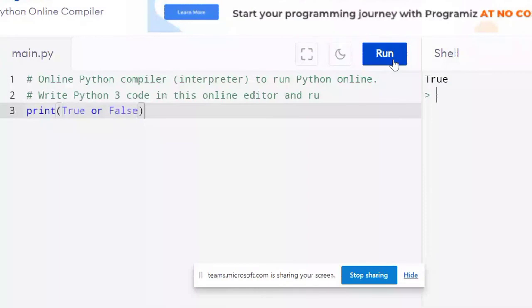True, sir. True, obviously. If I write AND here now, false. Updated? False. Okay, very good.